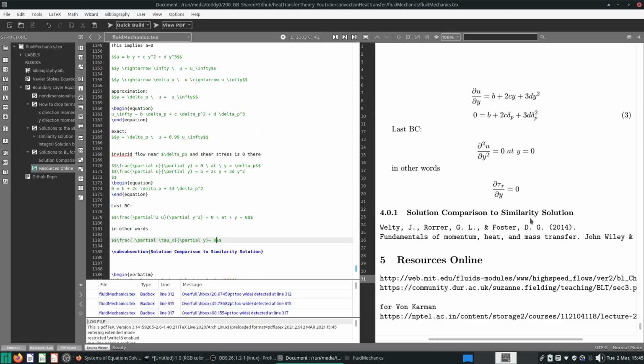This is the physical interpretation of it. Partial tau x partial y equals 0 near the wall. And this is also sort of an approximation, I guess.